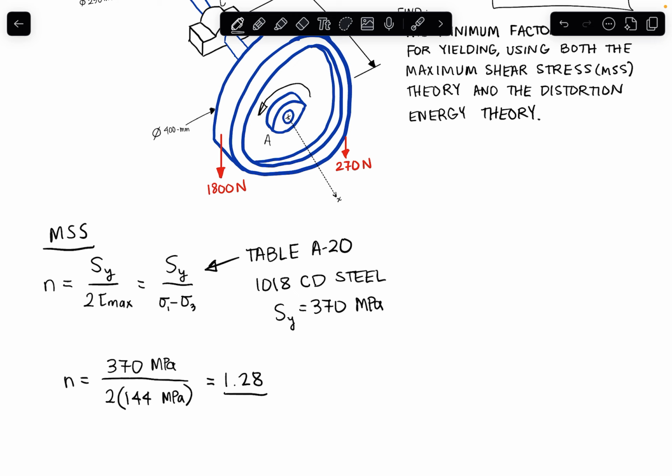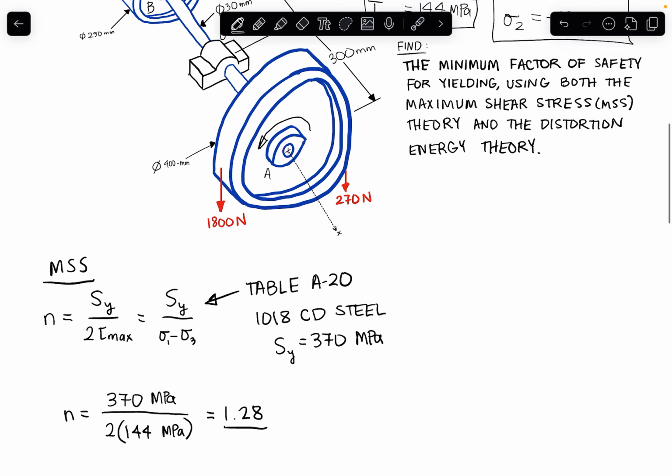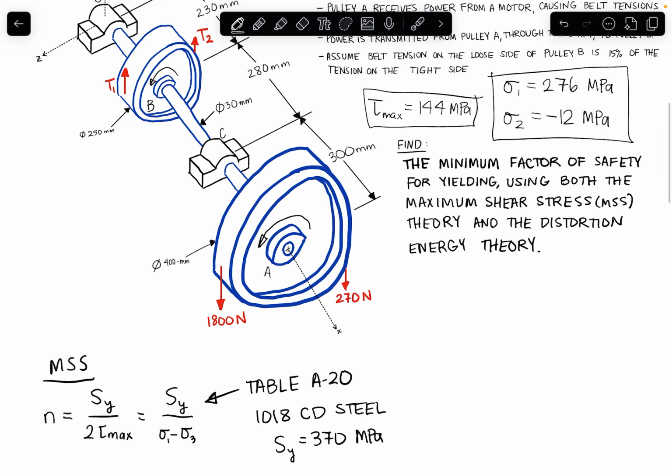Okay, now let's try it using the second form of this equation written here, just to see how that would work. So from our previous problem, we have that sigma 1 is equal to 276 megapascals, and sigma 2 is negative 12 megapascals.